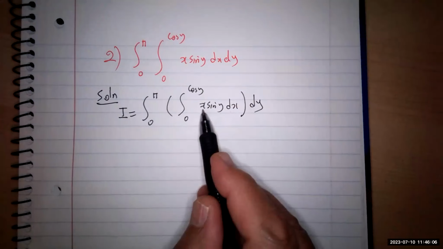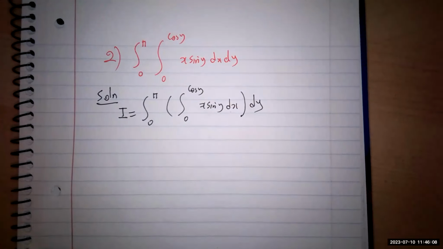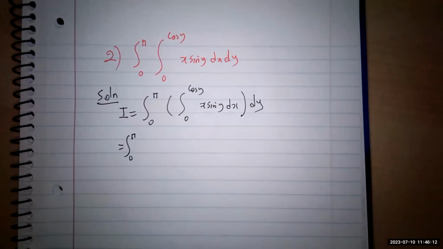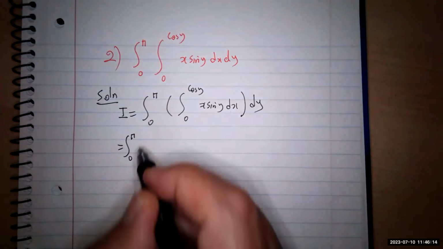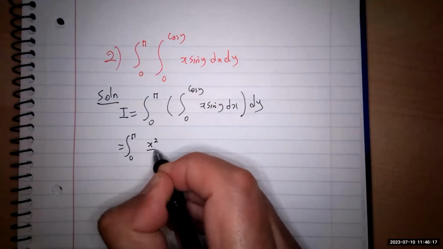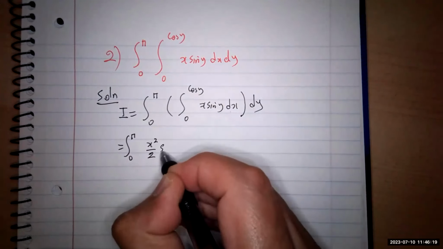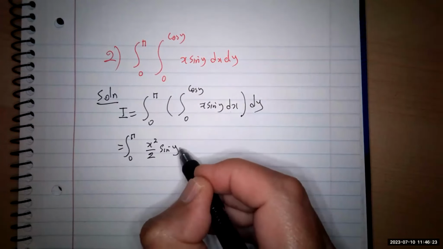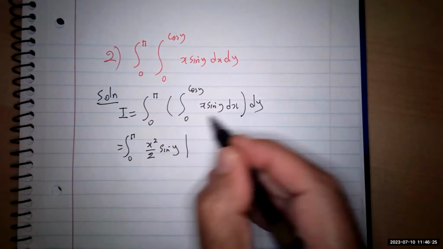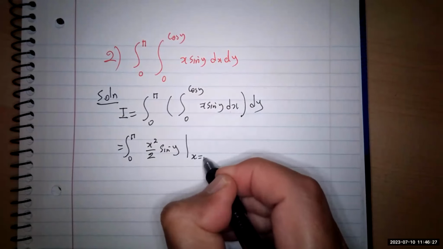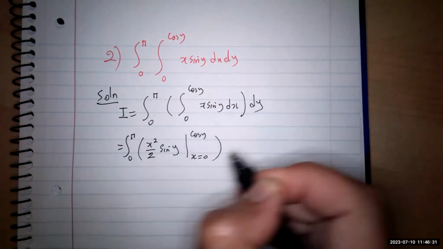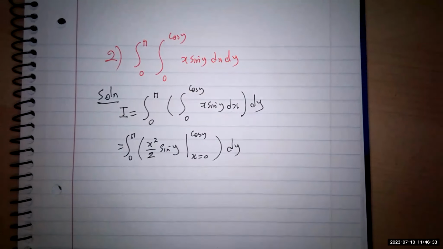I have only x here, so x would be x squared over 2, times sine y, with x going from 0 to cosine of y. When we're done, then we integrate with respect to y.